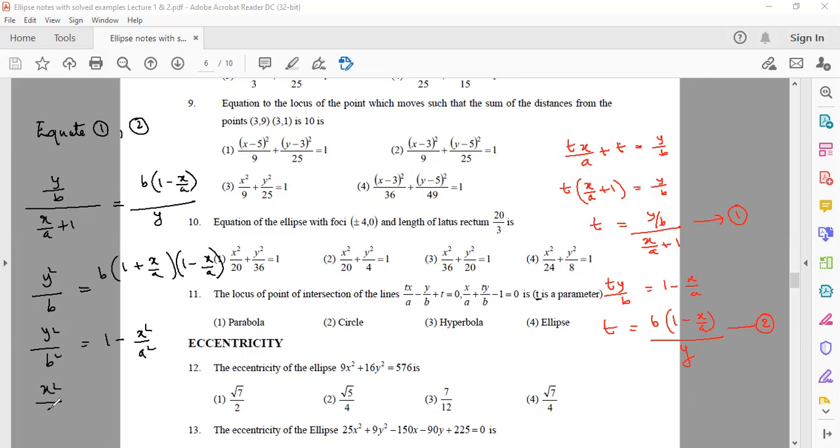So x square upon a square plus y square upon b square equal to 1. This is nothing but an ellipse. Whenever they give you some parameter, eliminate the parameter, and you will get the equation of the locus. Is that clear? Yes, sir.